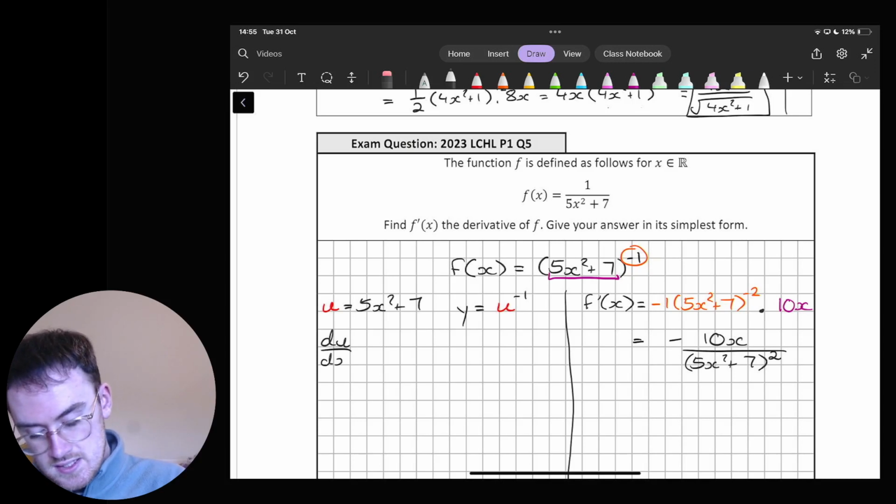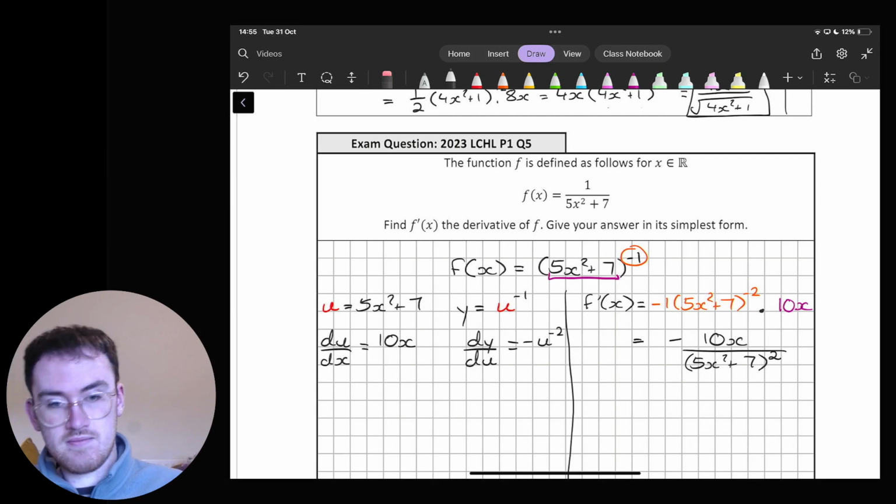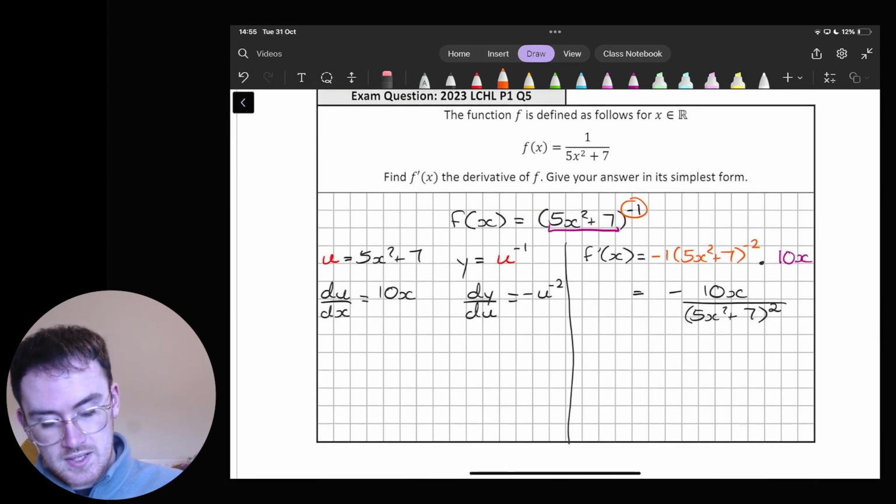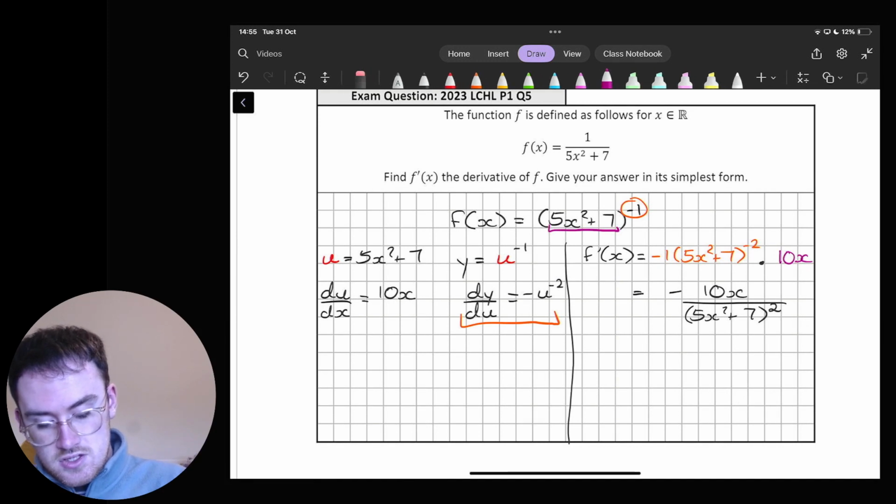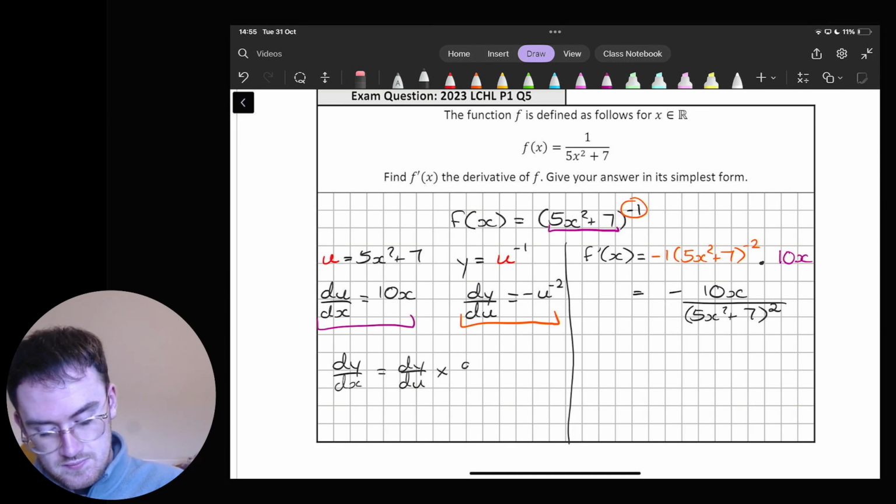du dx is going to be 10x, and dy du is going to be minus u to the power of minus 2. Okay, taking my parts as before, let's do our two derivatives here. So dy dx is dy du times du dx, making sure we're lining up those du parts.